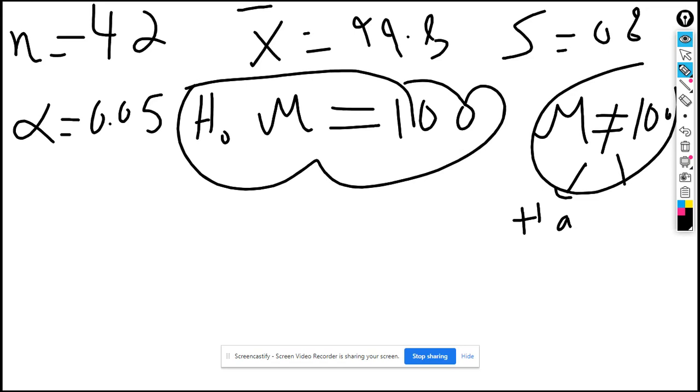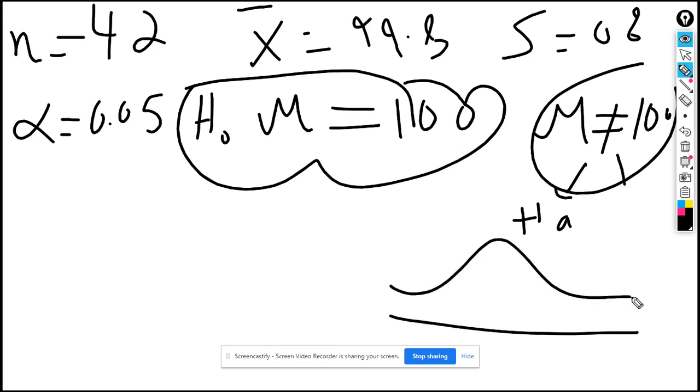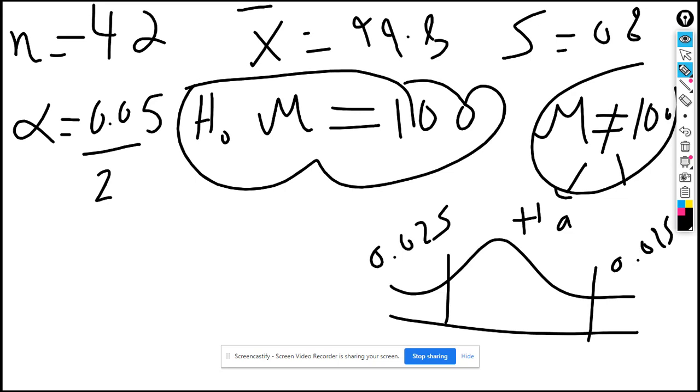Since I don't have the equal sign in the alternative, I have a two-tailed test. So the alpha region is going to be divided by 2. I have 0.025, 0.025, and the 0.95 here. So I have to find two values.